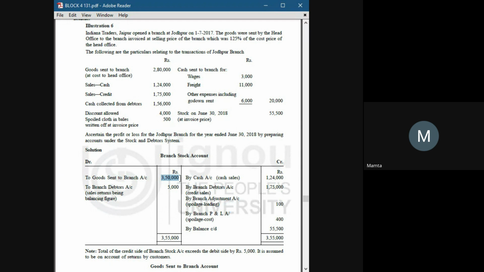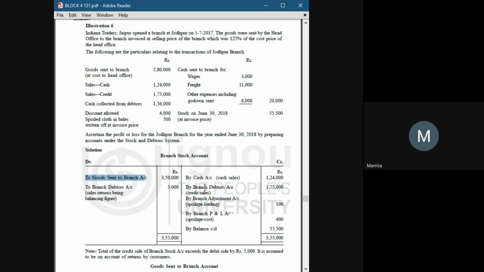3,50,000. And as you can read, goods sent to branch means we are having an increase of stock in the branch, goods are coming to the branch, so directly put it on the debit side. We have put it on the debit side with an amount of 3,50,000.